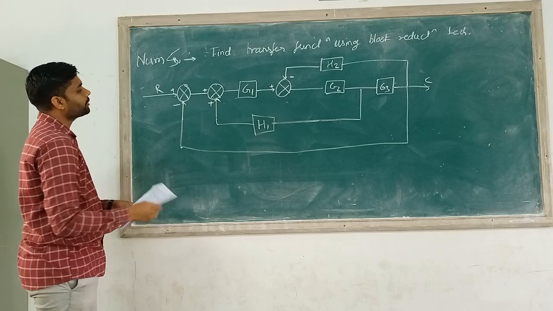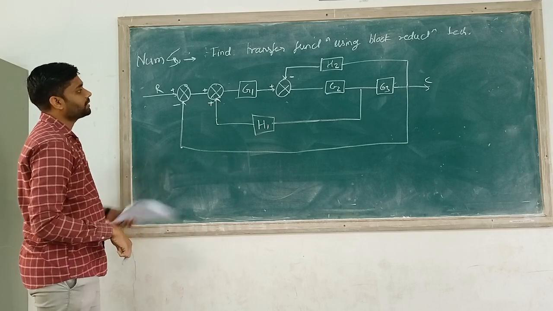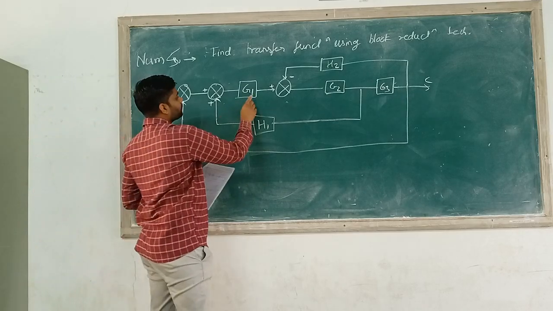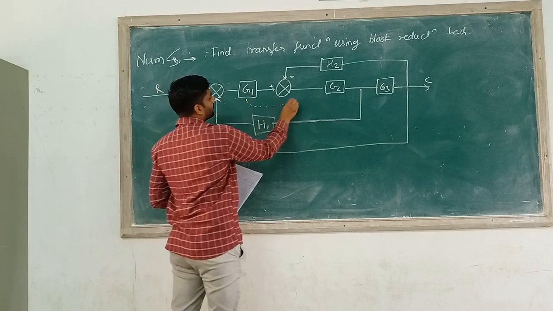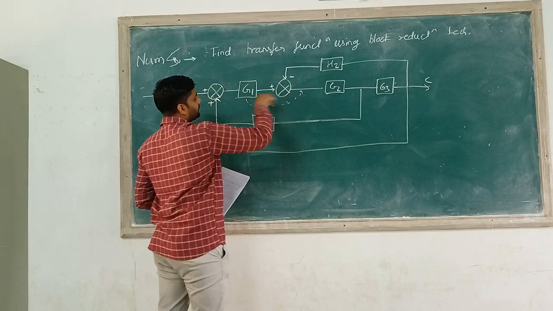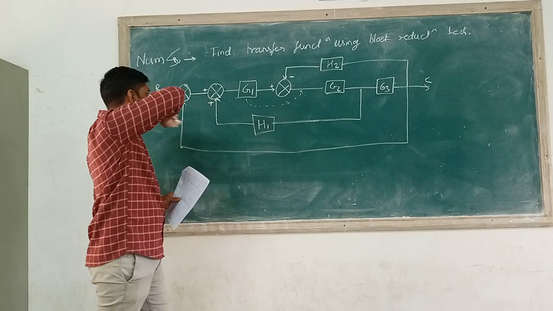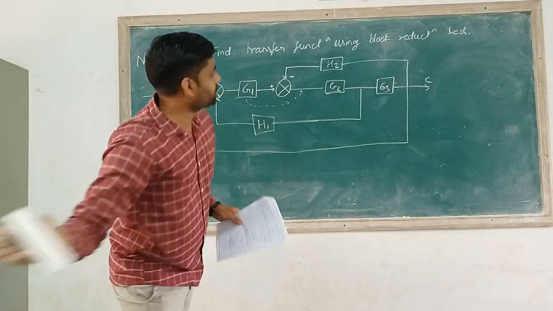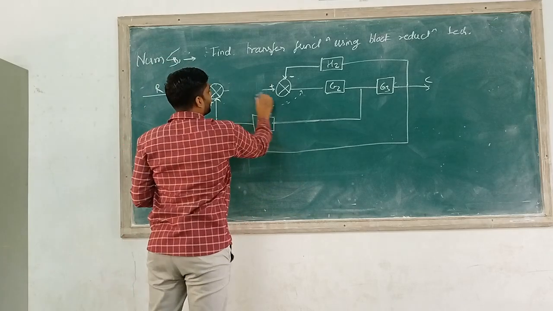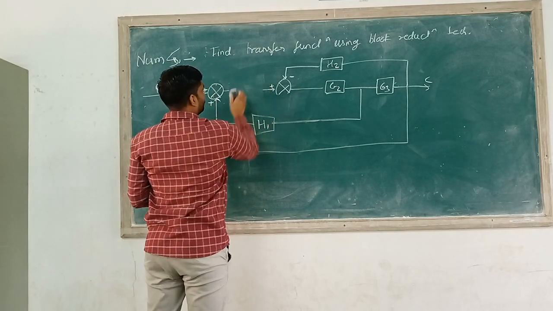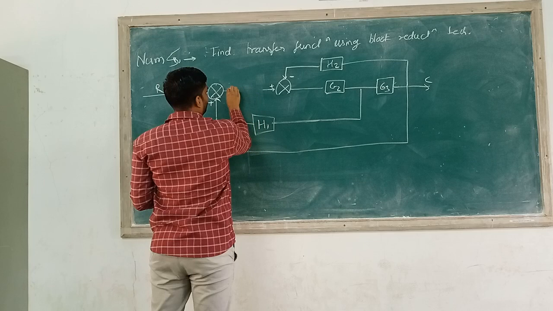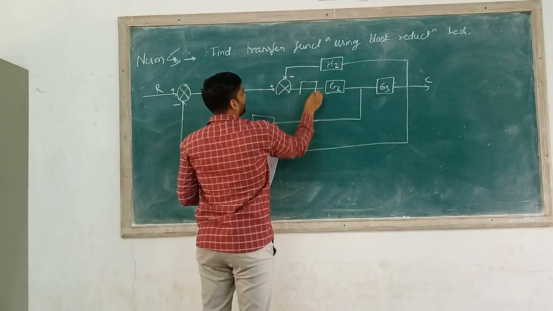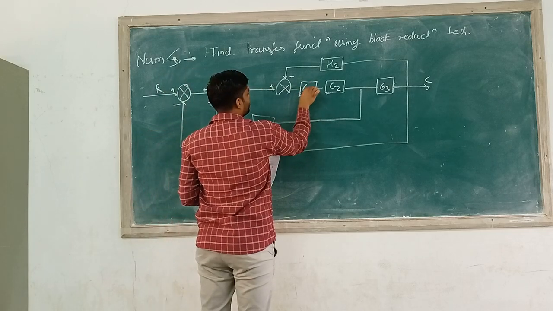So before initial state in this numerical can be solved as, we are going to shift this block G1 after the summing point. So for shifting this G1 to here, we need to change this as G1.